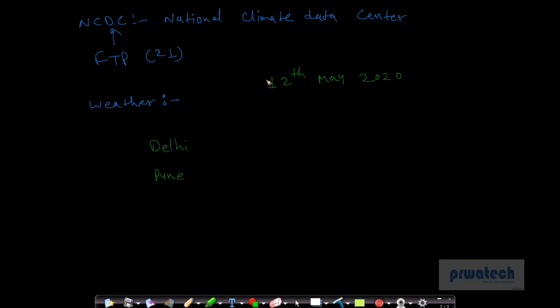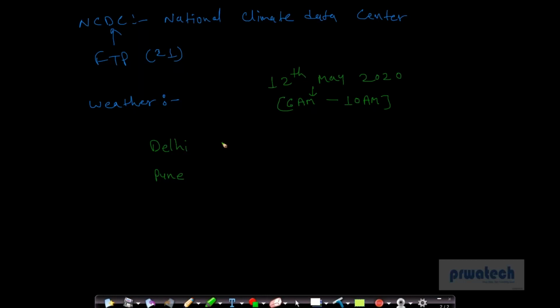If I create information related to weather, on 12th May I have extracted data from this NCDC site using FTP server, and I have data from morning 6 a.m. to 10 a.m., which means a total of 5 hours of data. That's the weather in these two cities. If you can handle two cities, you can definitely handle multiple cities also.